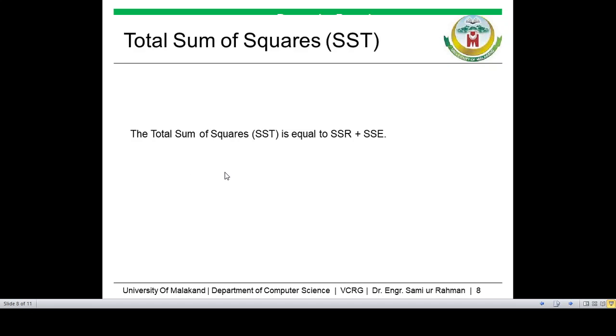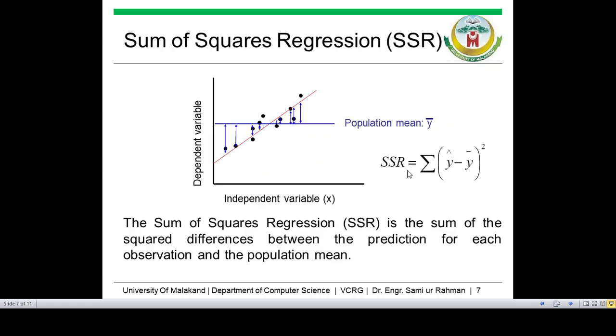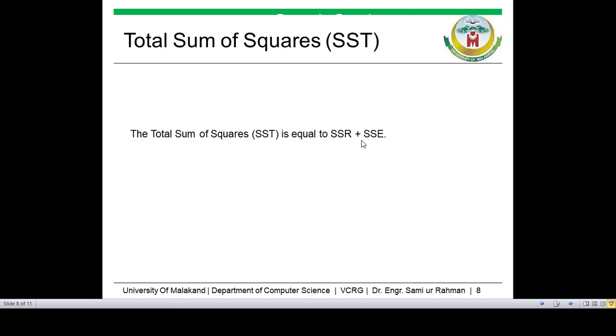Again, we should go back to SSE. SSE is the sum of differences for all observations between the prediction value and the actual value. SSR is the difference between the predicted value and the population mean. Now SSR plus SSE is equal to SST, where SST means the total sum of square.